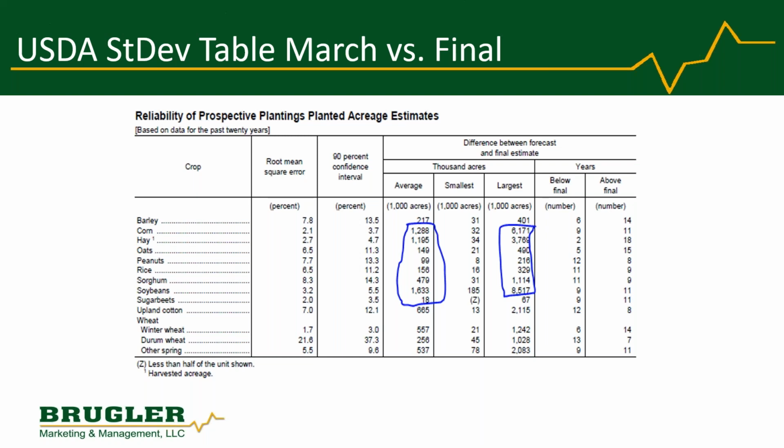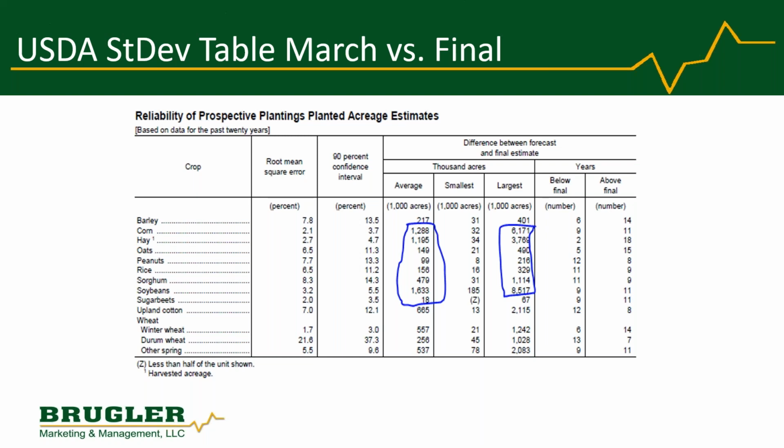So this tells you that the corn number is typically within a couple percent of final, but we have to remember if we're talking 91 million acres, that even 2% would be 1.8 something million. Okay, so even within their normal performance, we could pick up an extra 2 million.